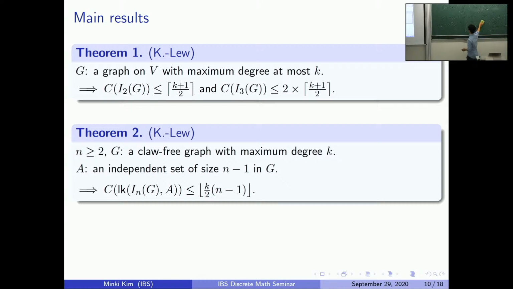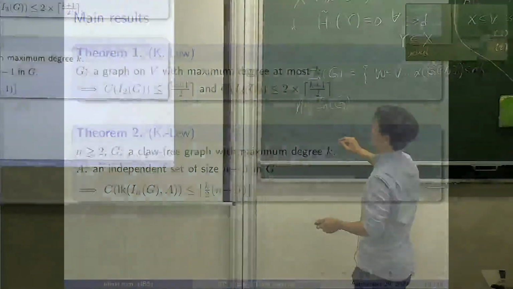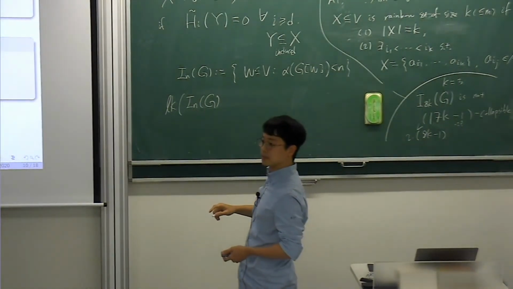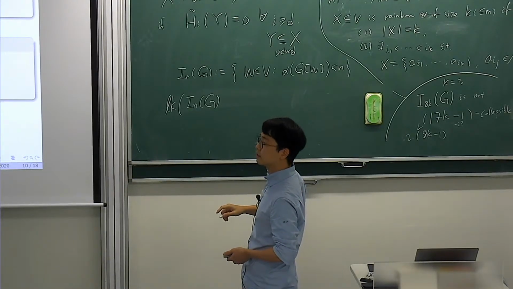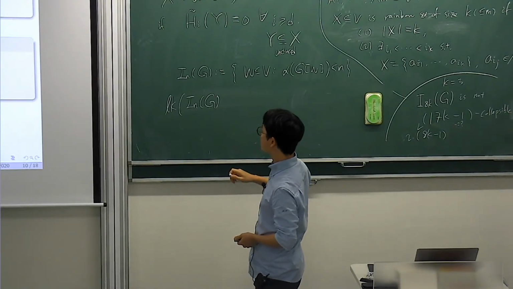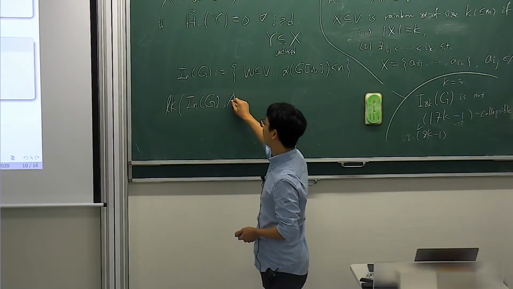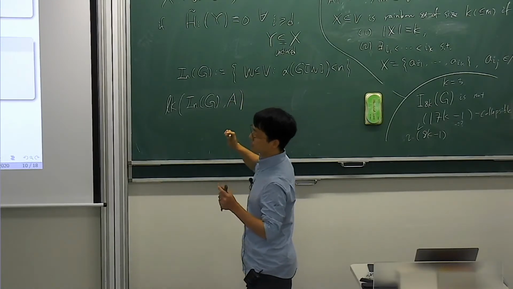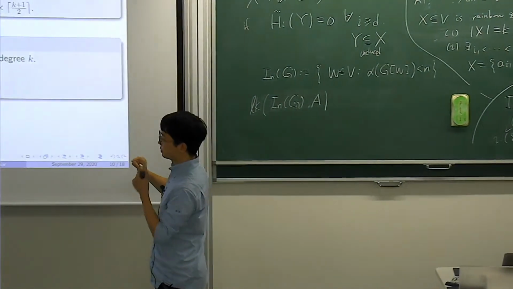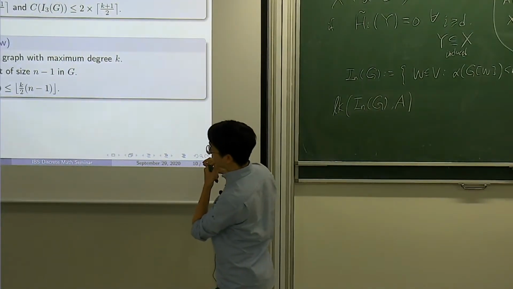So what is this link complex? Is it just the complex of neighbors?